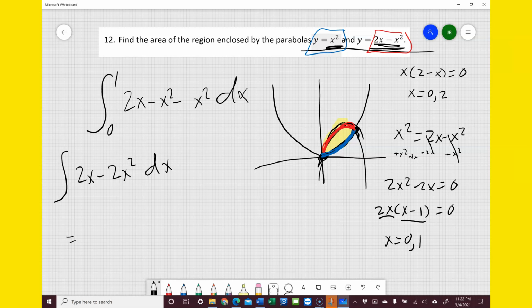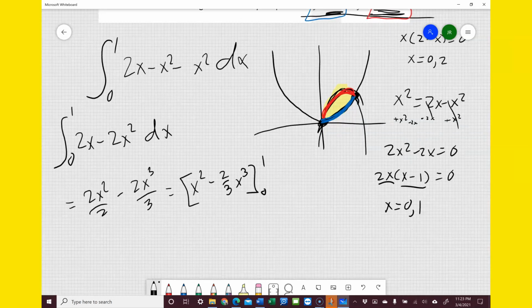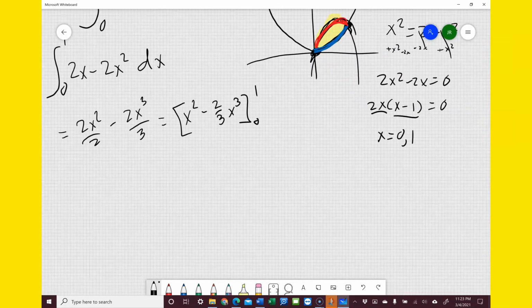Integrating that, we get 2x squared over 2 minus 2x cubed over 3, which is x squared minus 2/3 x cubed from 0 to 1. Plug in my limits of integration.